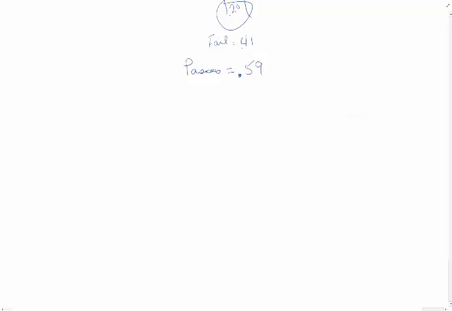Okay, so the probability that a student studied for a class is 0.53. Okay, so study equals 0.53. So does not study equals 0.47. Okay, so we have the important probabilities here.